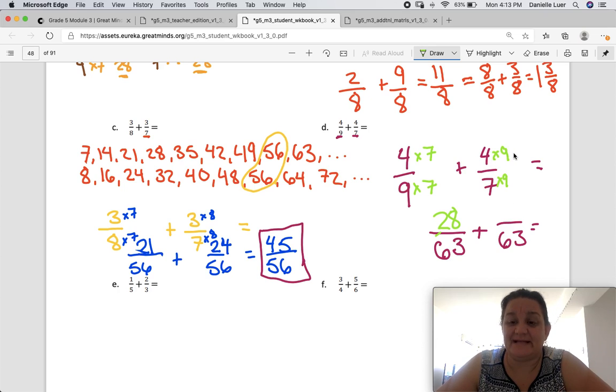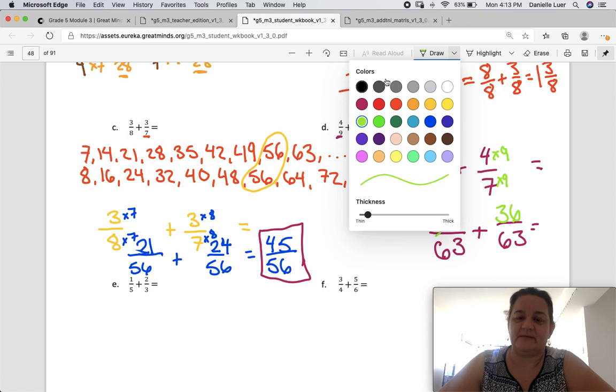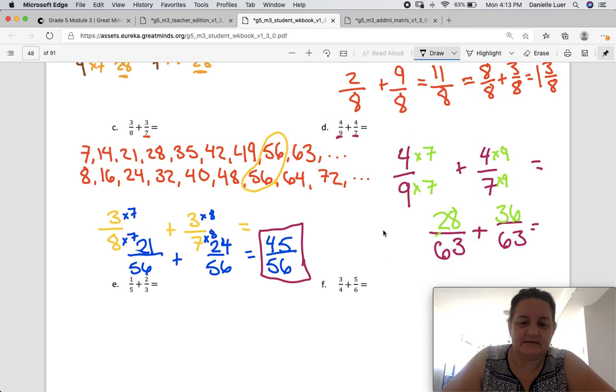And 4 times 9 is 36. Now I can add those two numbers together. 36 plus 28. Let me just quickly do this over here so I don't mess up on the video. Otherwise, my brain math sometimes gets a little confused when I'm doing other things. 12, 13, 14 with 1, and that's 6. So that is 64 over 63.